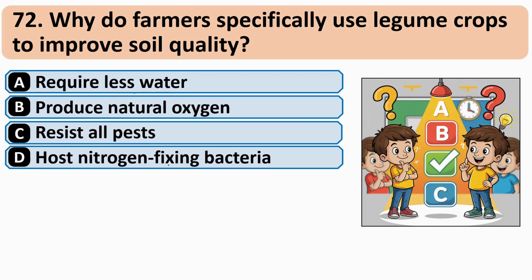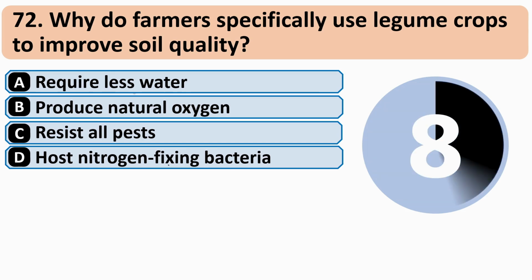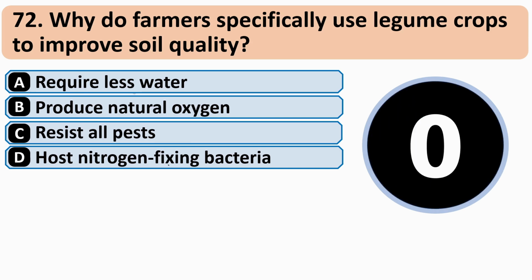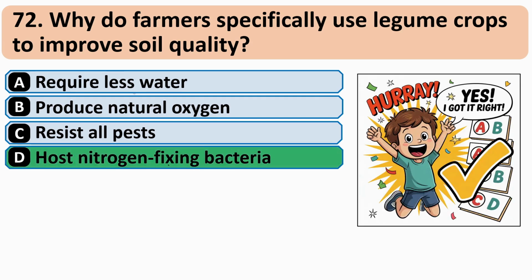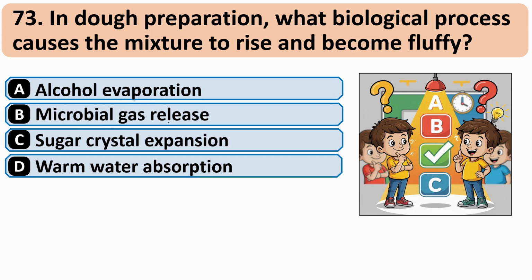Why do farmers especially use legume crops to improve soil quality? And correct answer is D, host nitrogen fixing bacteria. In dough preparation, what biological process causes the mixture to rise and become fluffy?